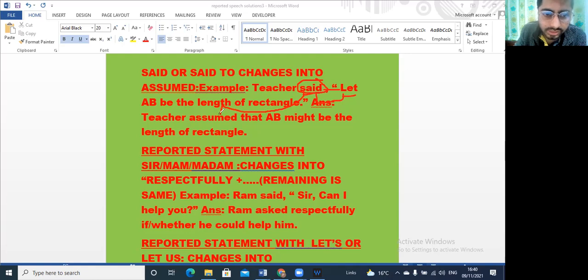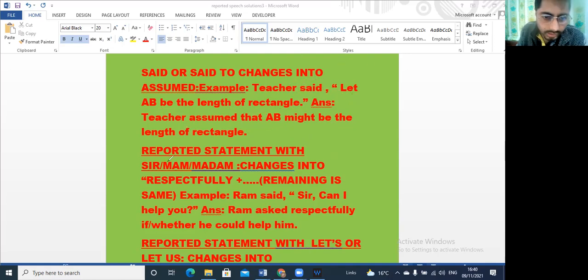Let's not be confused here. Teacher assumed that AB might be the length of a rectangle. Be is replaced by might be. This was the fact that we have to understand in this case.